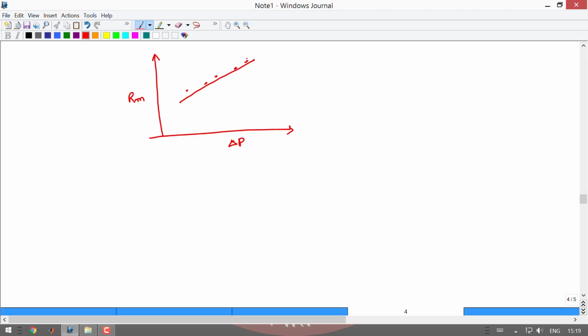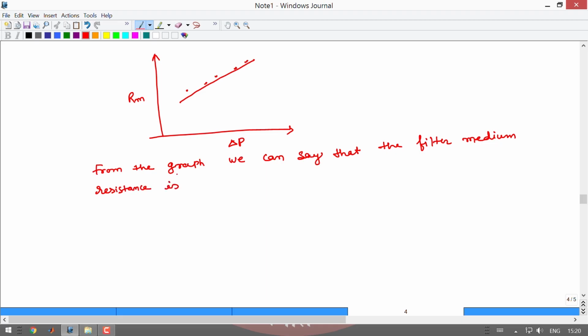From this graph, we can say that the filter medium resistance is linearly varying with pressure.